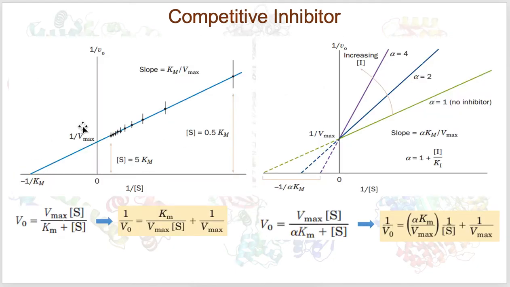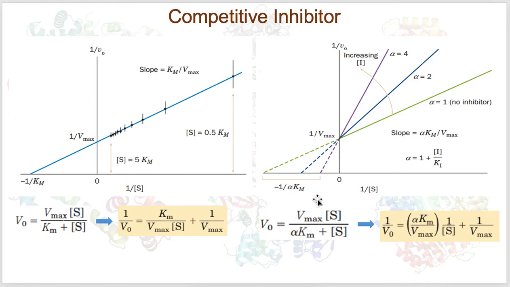Now, about the reaction rate. We know that inhibitors interfere with the reaction rate, so whenever an inhibitor is added, the rate equation will be changed. We already know the Michaelis-Menten rate equation, which is V0 equals Vmax times substrate concentration divided by Km plus substrate concentration.